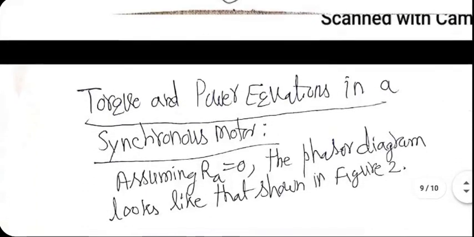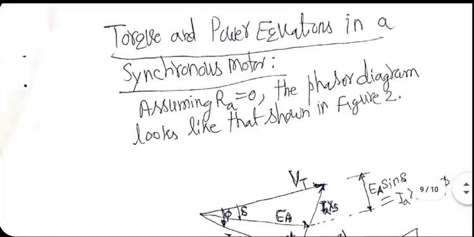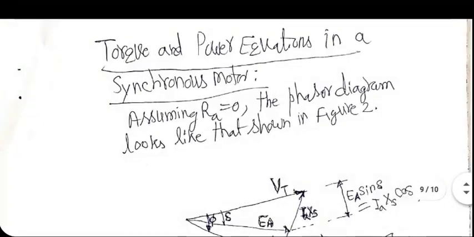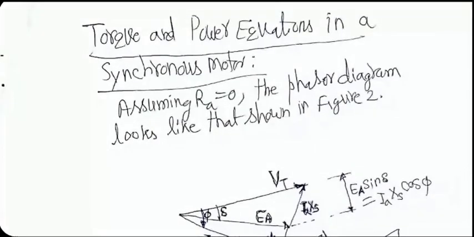Now, equations for torque and power, let's look at them once again carefully for the synchronous motor. For the sake of discussion, in this case, we will assume armature resistance to be 0.